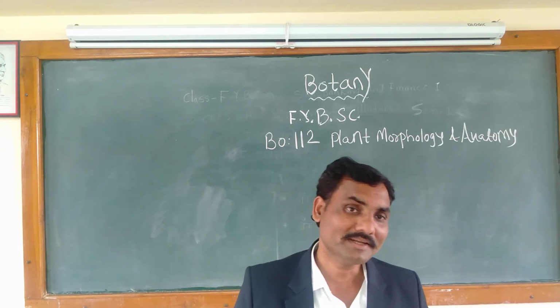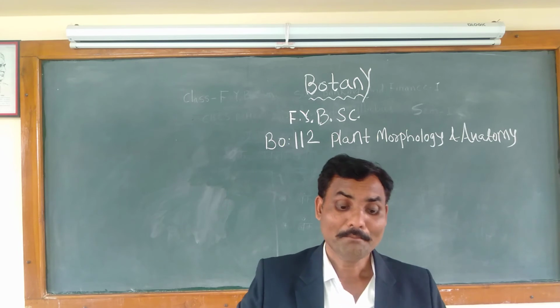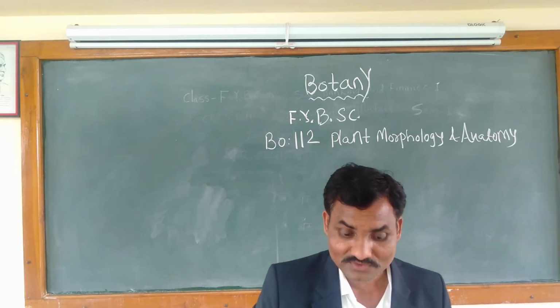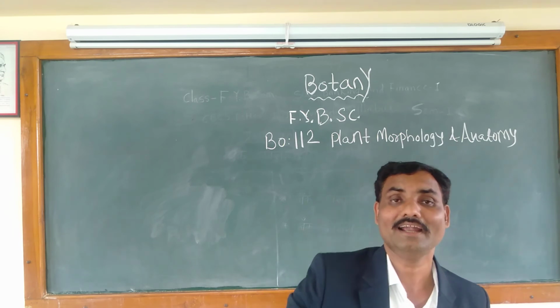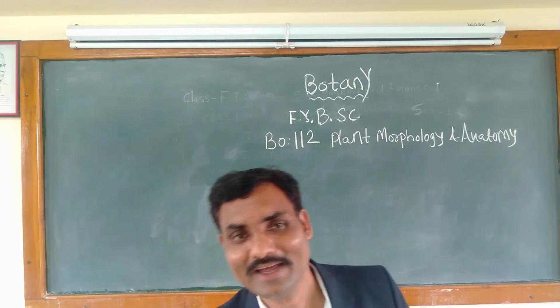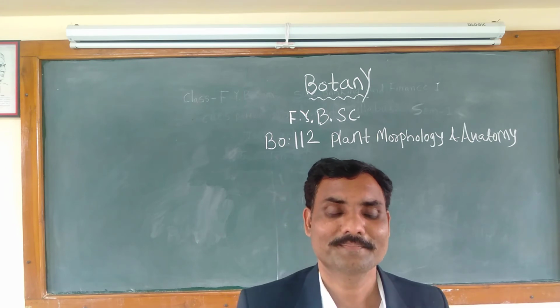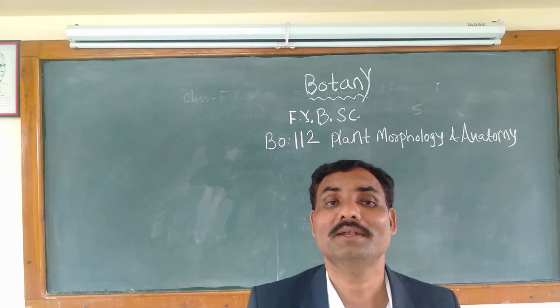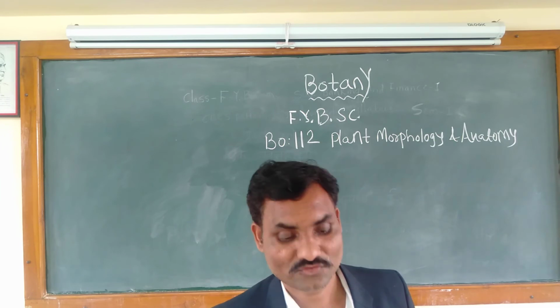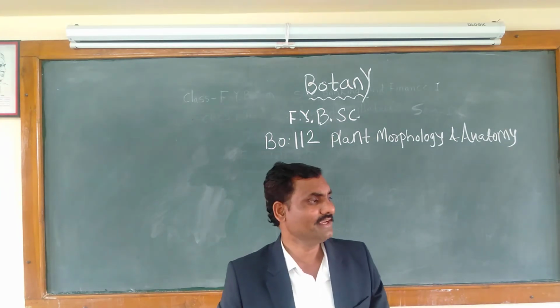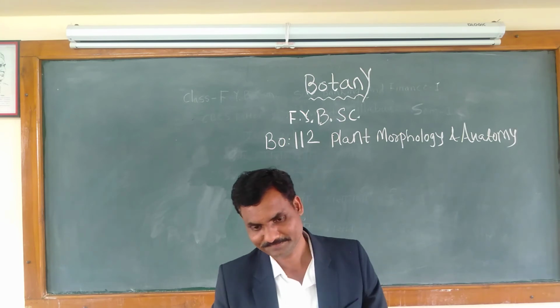And what about multiple fruits? Multiple fruits are again divided into two types, that is sycon and sorosis. We know the fig, we have eaten it, that is included in the multiple type of fruits. And these syllabus topics are included in credit first.